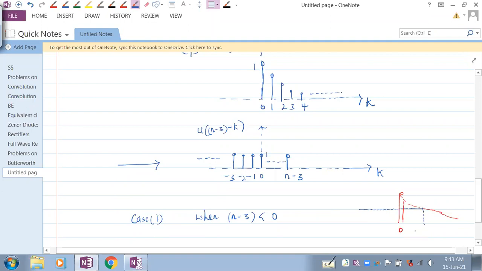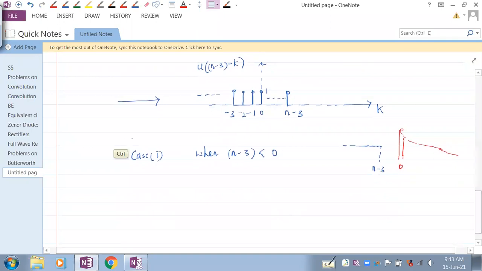Then it is when it is greater than 0. Fine. Then there will be overlapping. When it is not greater than 0, it looks like this. This is n minus 3. No overlap. See, n minus 3 is less than 0. When n minus 3 is less than 0, there is no overlap. Understand that? So, no overlapping.